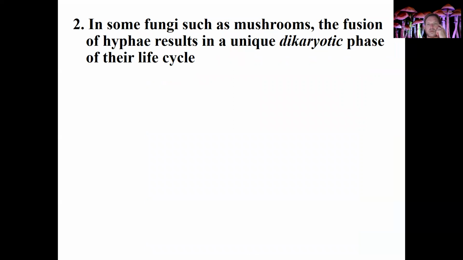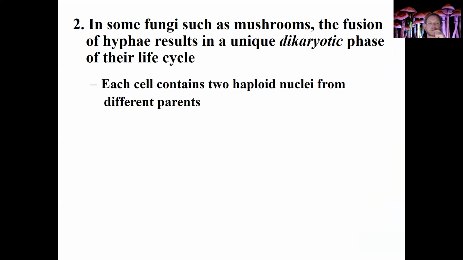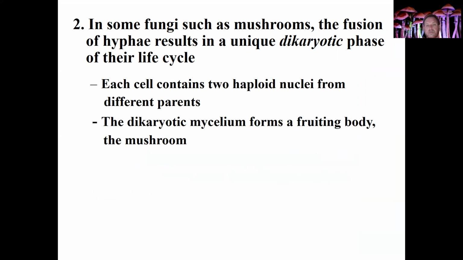In some mushrooms, you have what's called the dikaryotic phase, where you have a cell with 2 nuclei from 2 different fungi that have merged, but the nuclei remain distinct, separate from each other. They don't fuse right away. So they get 2 haploid nuclei, one from male, one from female, if you want to call it that.